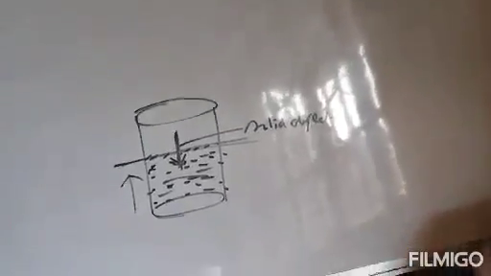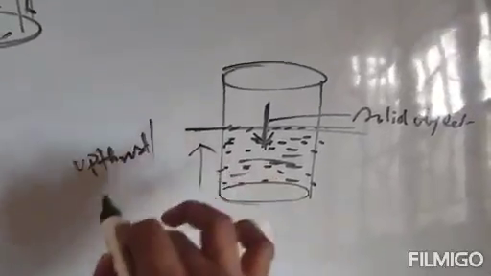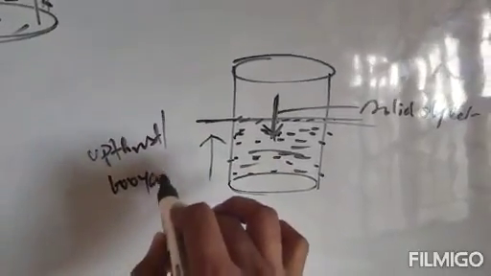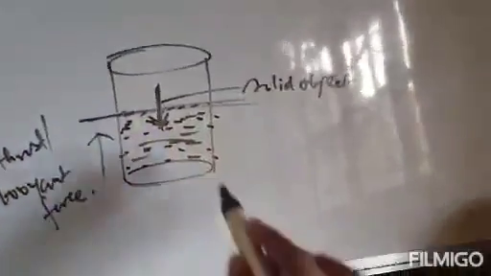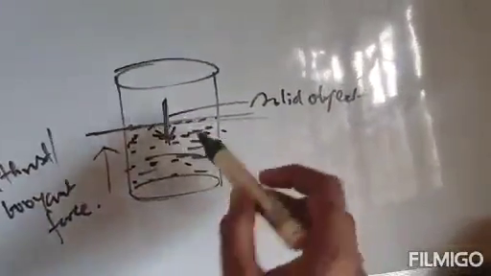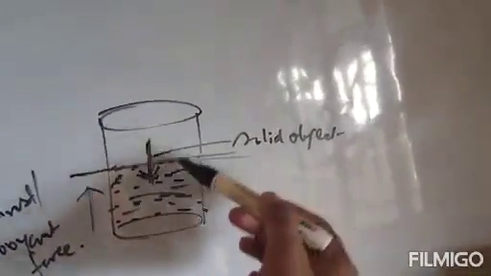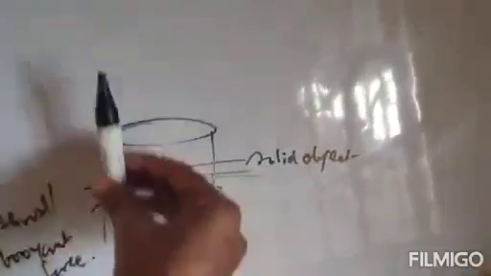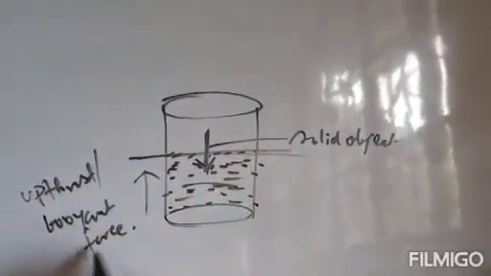This upward force is known as upthrust or buoyant force. Listen very carefully. We have a liquid, any liquid or any fluid in this container. Whenever you want to immerse any solid object in this fluid, the fluid will give you an upward force, known as upthrust or buoyant force.